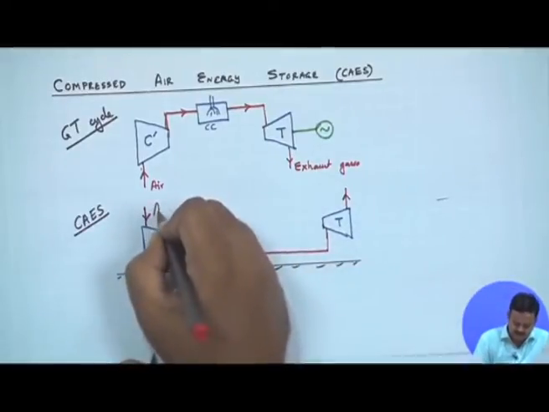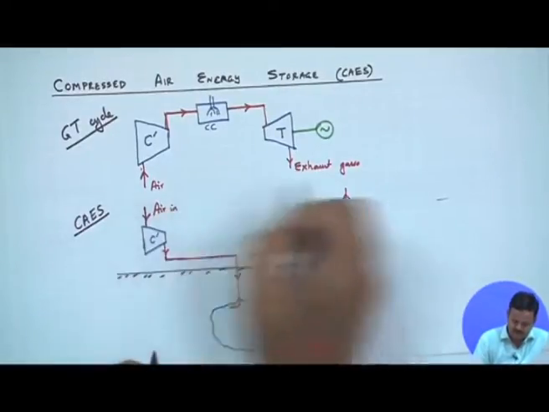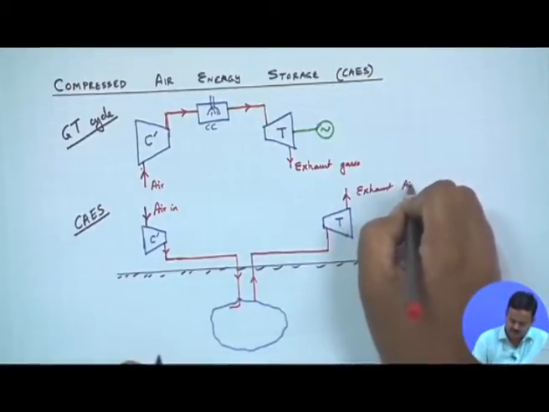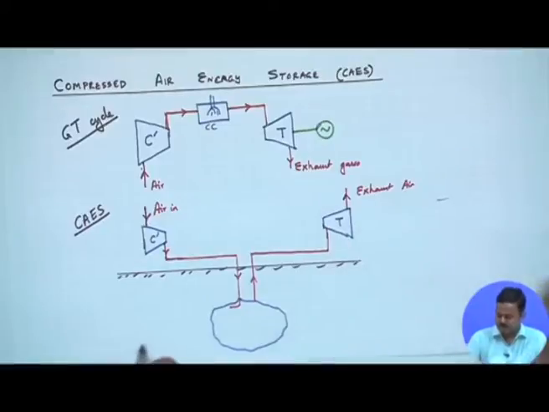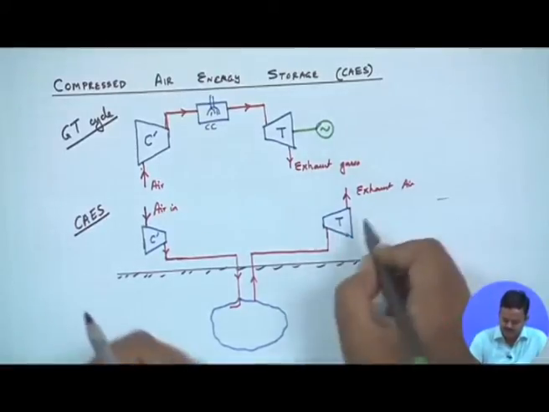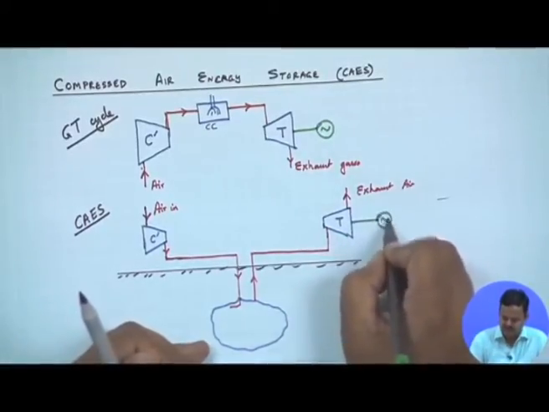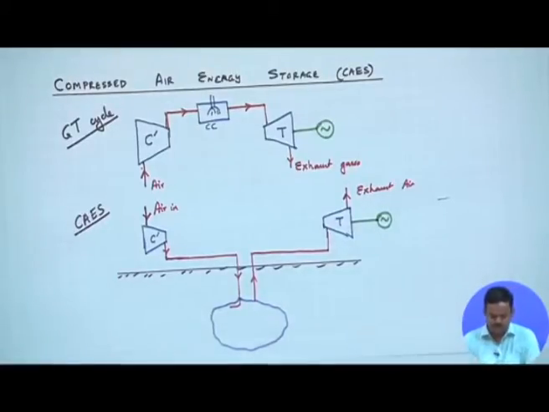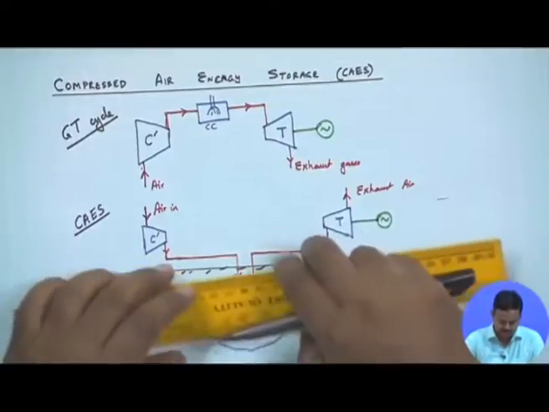So, this is air in, this is exhaust air, all right, and as before, this is where I am going to generate the electricity. And let us draw a few more appendages.